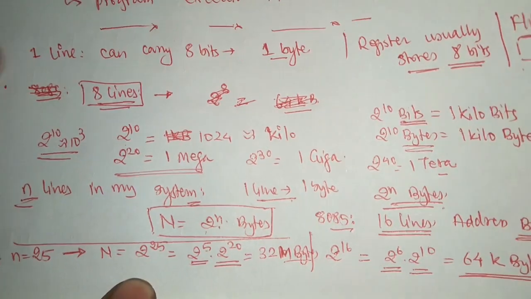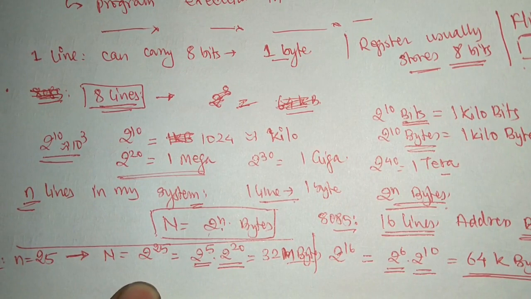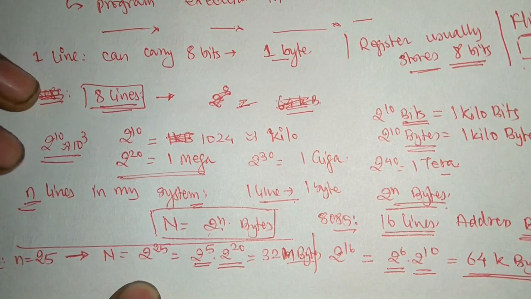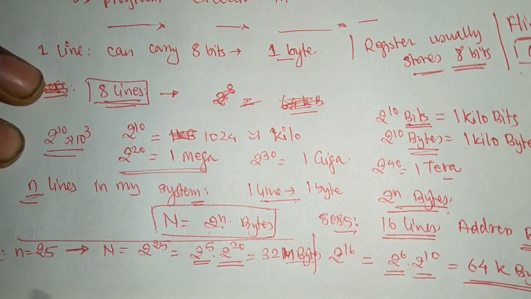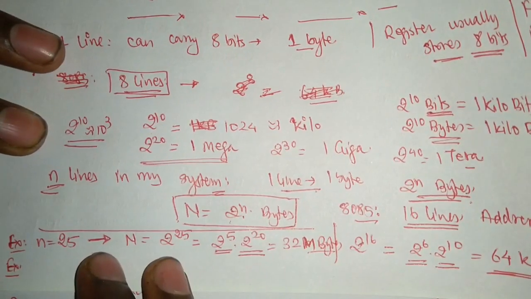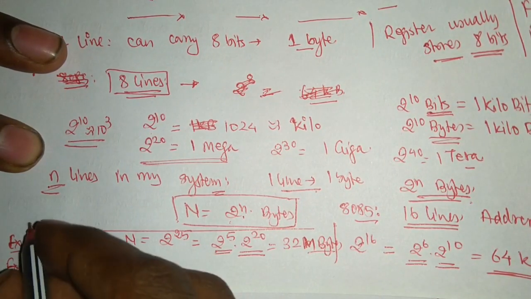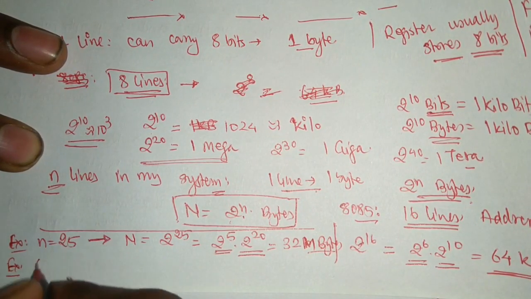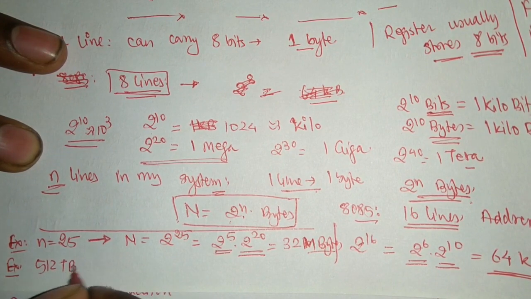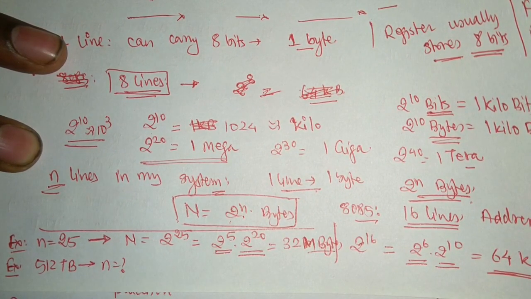Similarly I can do the reverse calculation also. What do I mean by the reverse calculation? I am having the memory, and I need to calculate the number of lines. For example, let's say the memory that I need in my system is 512 terabyte, and I need to calculate the number of lines here. What will be the number of lines?